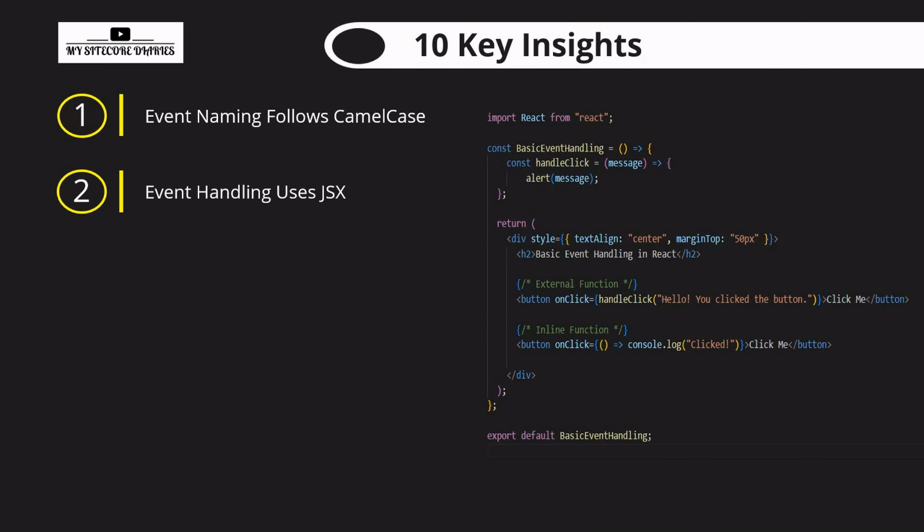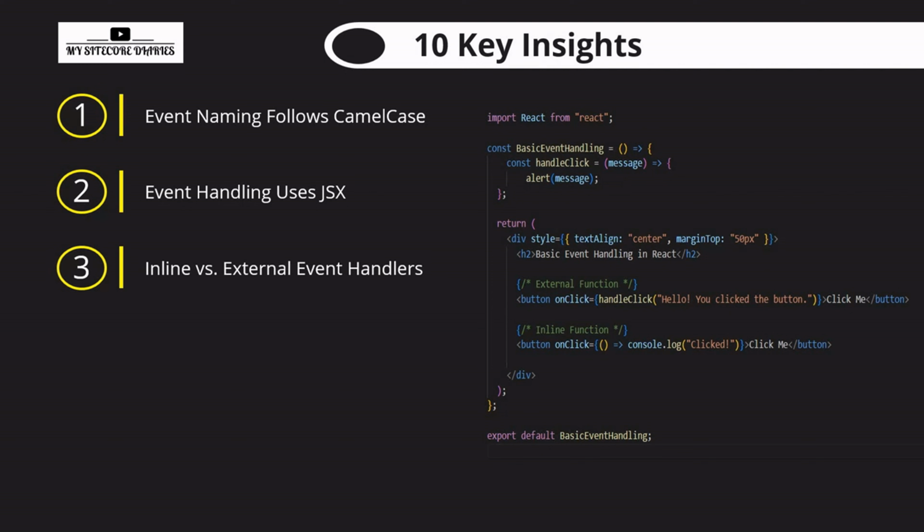If you take an example here, we are directly attaching the event onClick as a property. This style of writing, with open curly brackets and closing curly brackets, is the JSX way of writing.